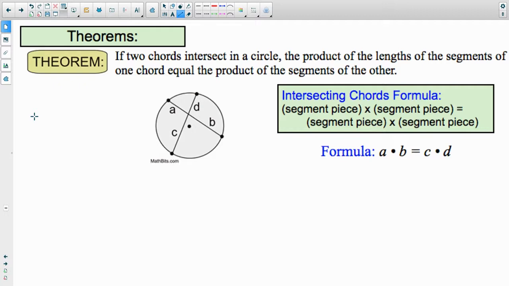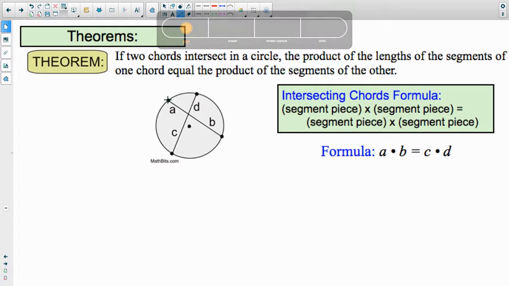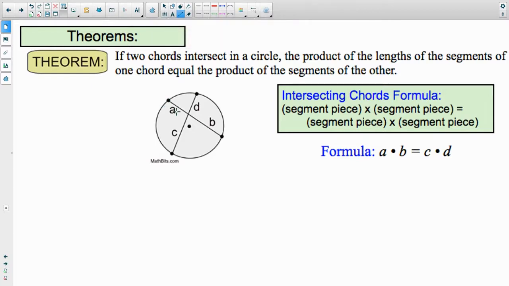Now, if you look at this picture, you're going to notice that they draw a circle with intersecting chords. And you're also going to notice that instead of using capital letters here, they used lowercase letters. This is because these lowercase letters are representing the actual lengths of those parts.